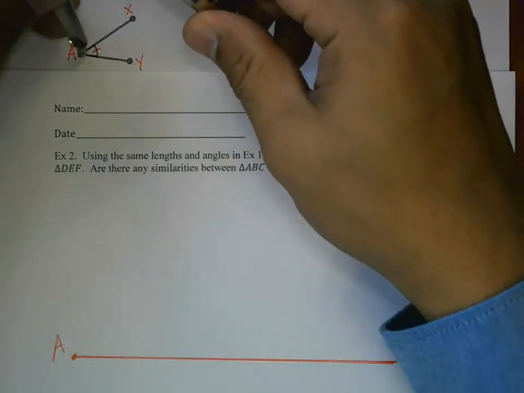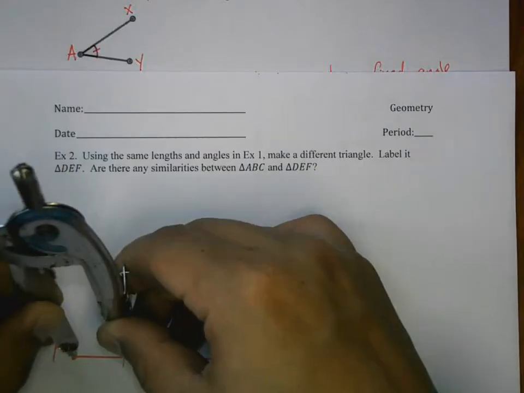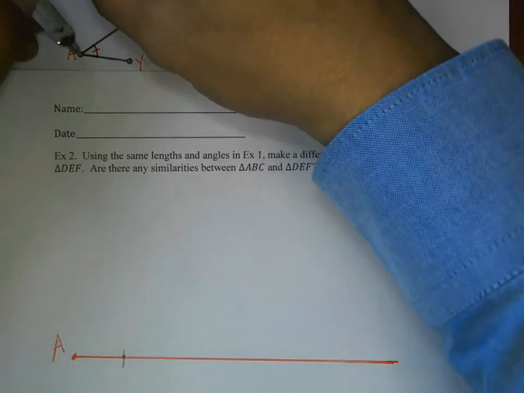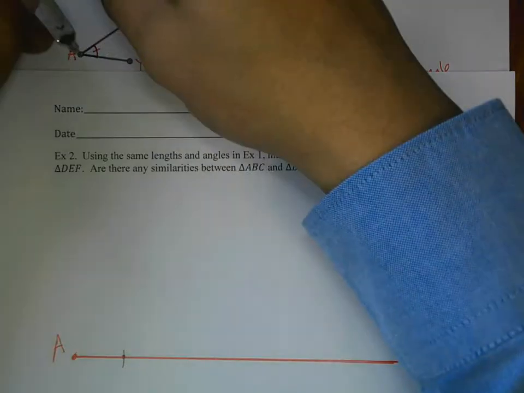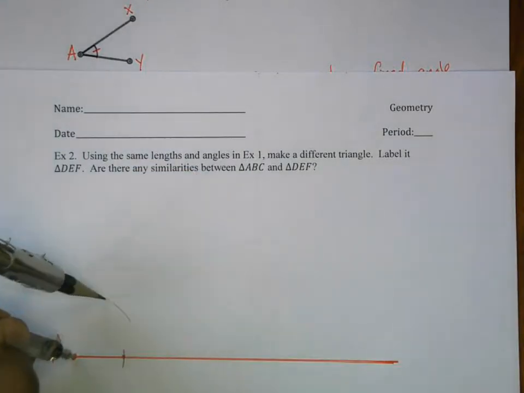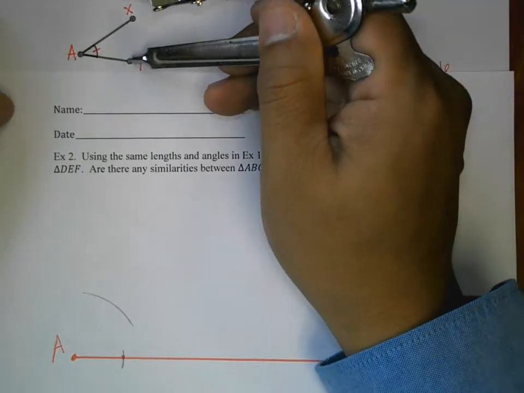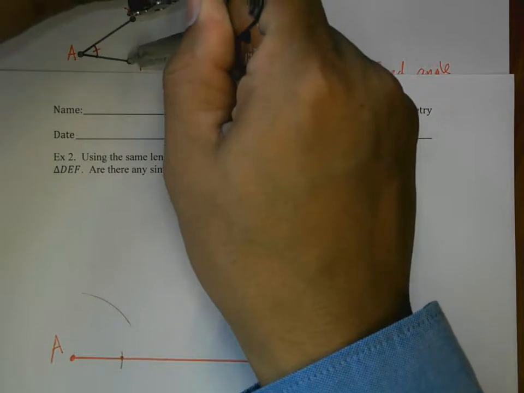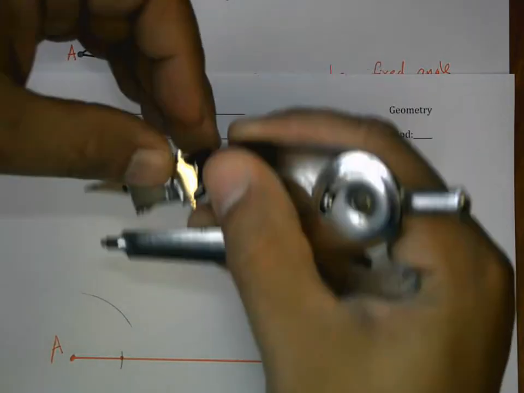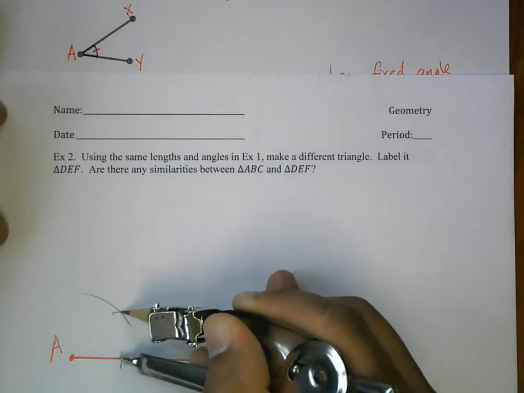So I'm going to take the needle, put this on A, pencil on Y, transfer it down. That point right there is basically Y. Needle on A, pencil on X, transfer it over. I know that X has to be somewhere on that arc, but in order to pinpoint the location of X, needle on Y, pencil on X this time, and then transfer it over here.